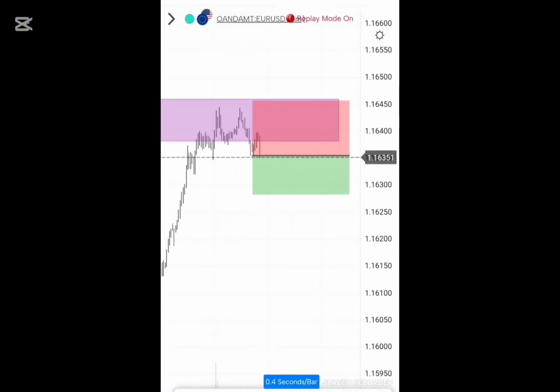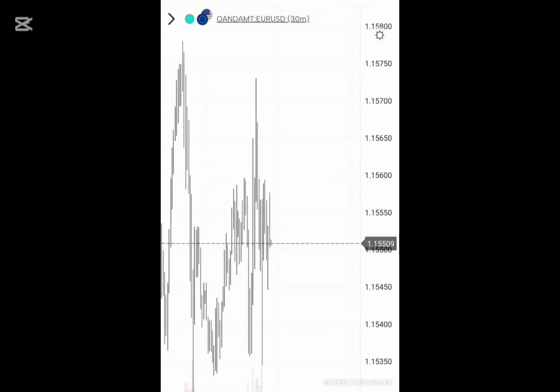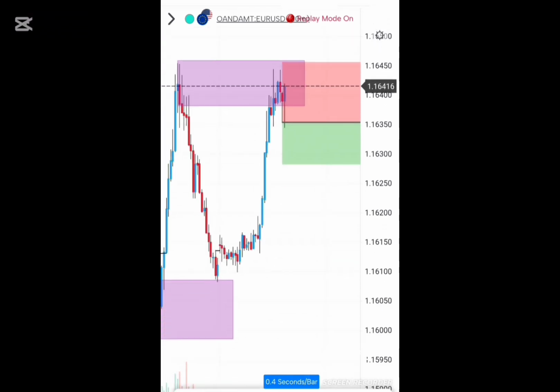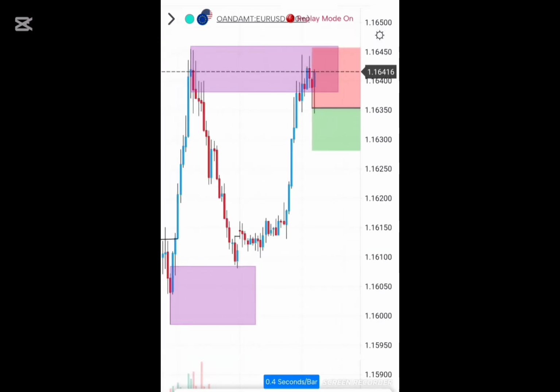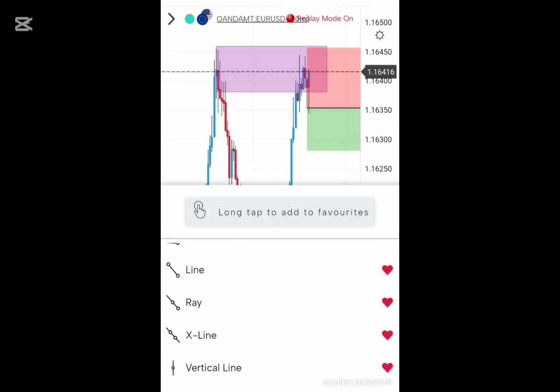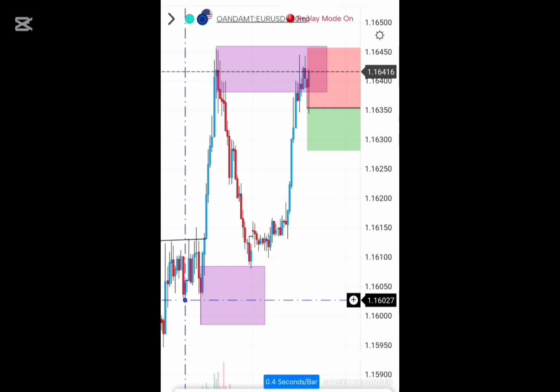Then for our take profit we will take the 30-minute time frame demand area. Now here is our take profit, traders. Let's mark our take profit. We are targeting this area here.